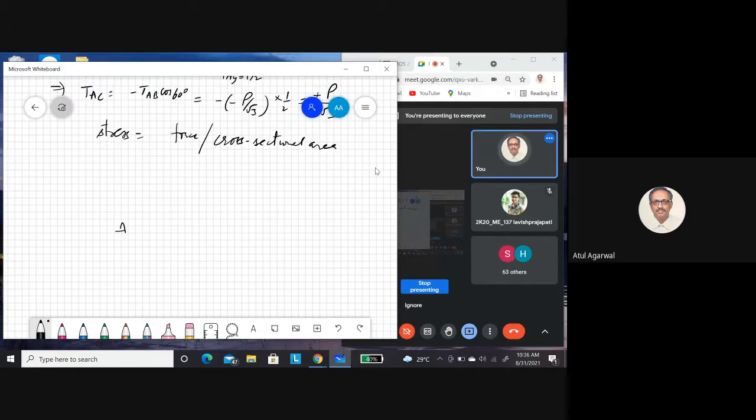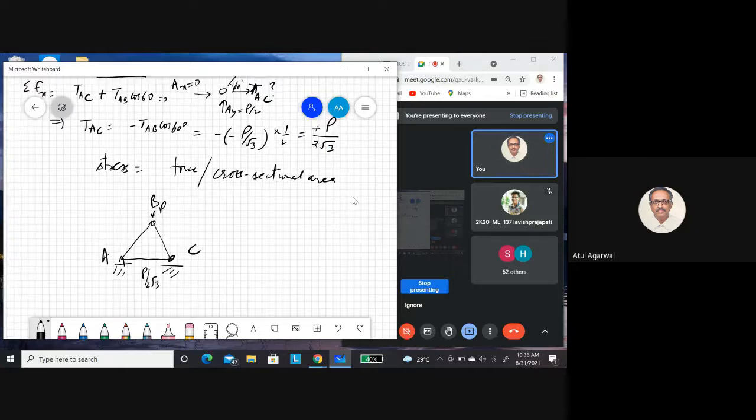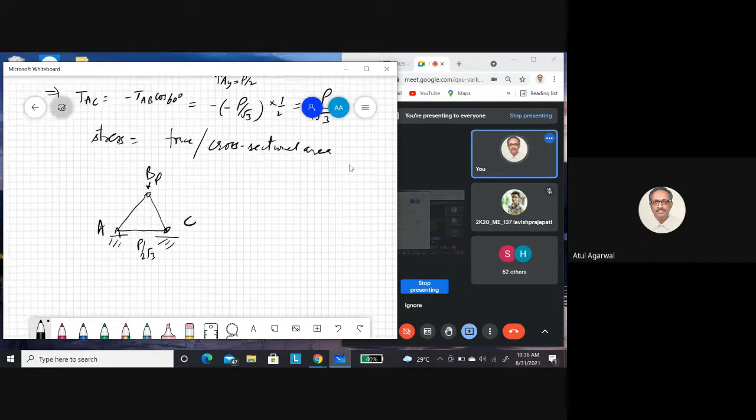So this was the problem we solved. We know the stresses. So let's write down the forces which are there. TAC is P by 2 root 3. And what was TAB? P by root 3.